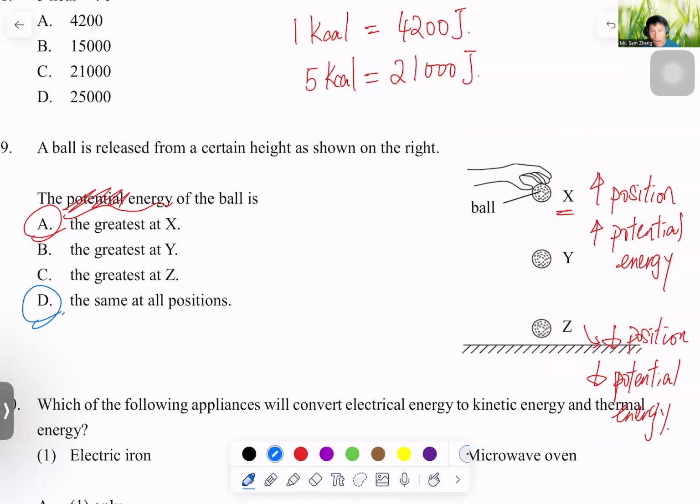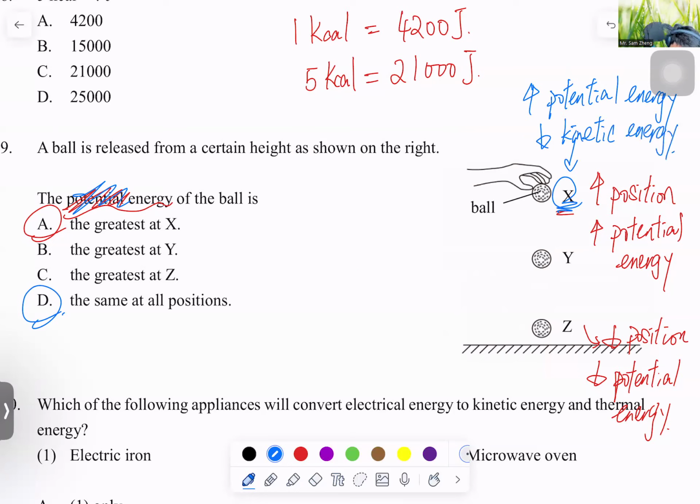Why? Because X does have the highest potential energy, but at the same time it has the lowest kinetic energy. For Z, it has the lowest potential energy, but it has the highest kinetic energy.